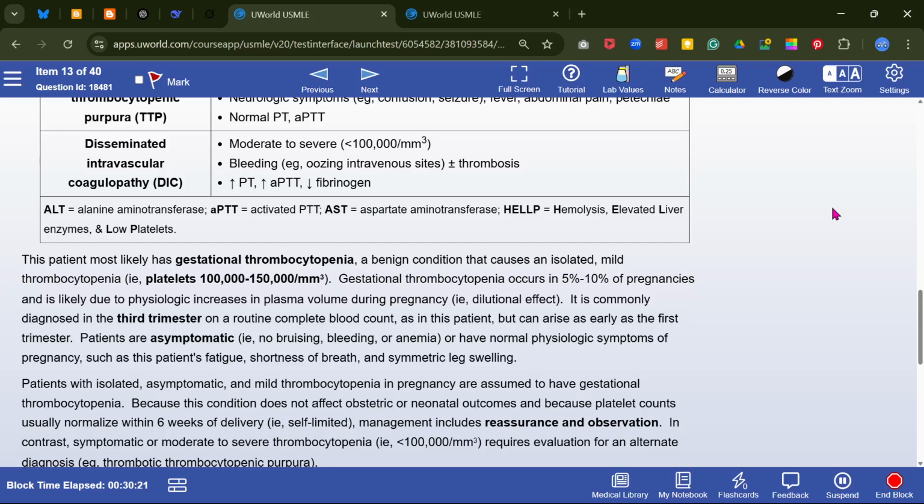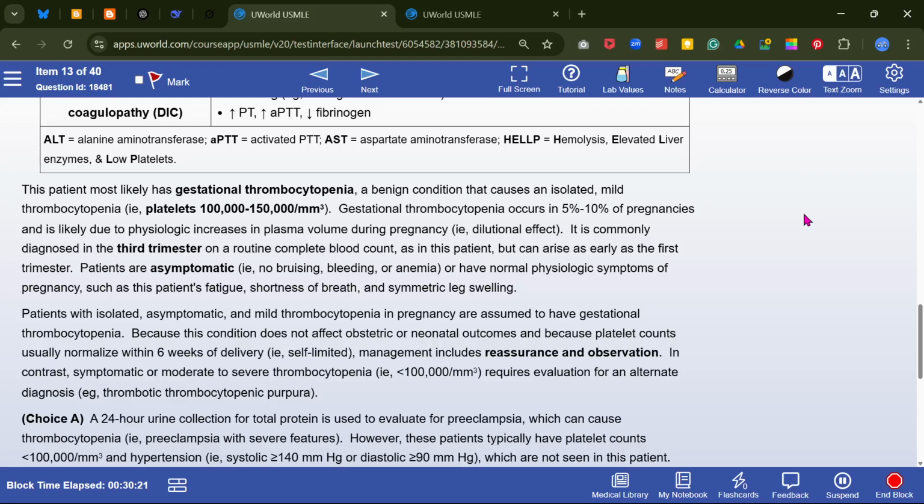Patients with isolated mild thrombocytopenia in pregnancy are assumed to have gestational thrombocytopenia, because this condition does not affect obstetric or neonatal outcomes, and platelet counts usually normalize within 6 weeks of delivery.